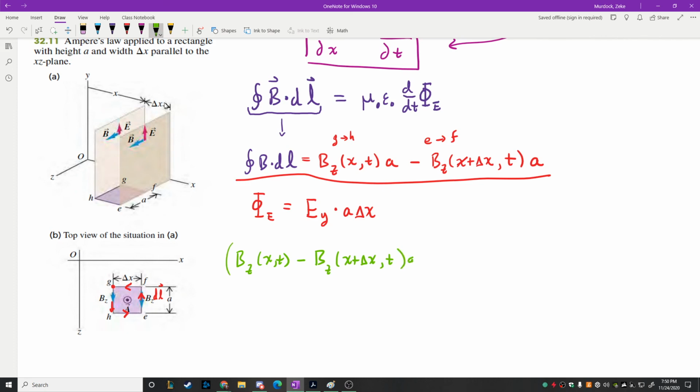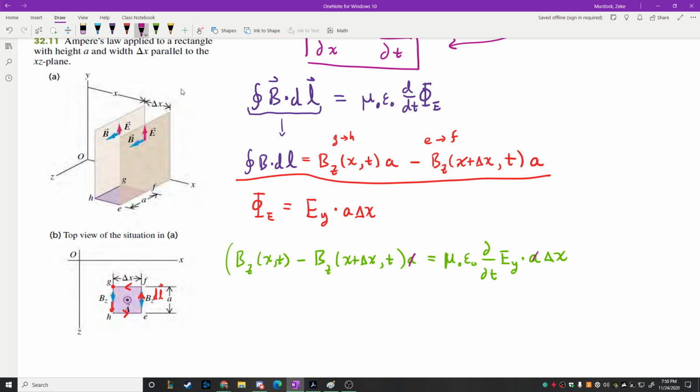Both of these are multiplied by A, and they should be equal to the derivative of the flux, except it's multiplied by mu naught epsilon naught, so we have to leave that in here. And then the partial derivative of EY, also multiplied by A times delta x, except we'll cancel out those A's.